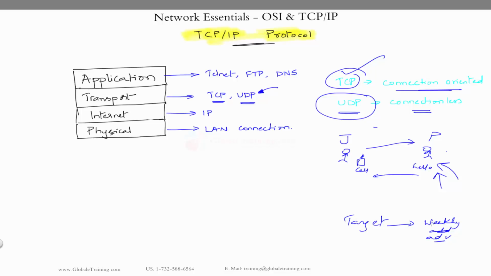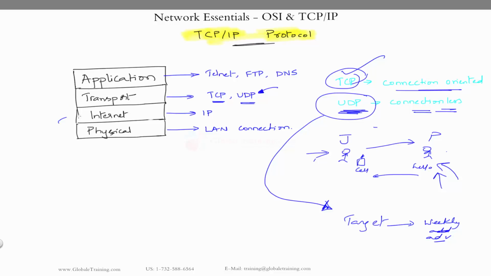It is just sent to that address, and whoever lives there receives it. Target doesn't care whether you received it or not. And that's how the UDP protocol works. TCP is connection oriented, for example 2 people communicating using a cell phone. UDP is connectionless, for example a company sending out flyers.